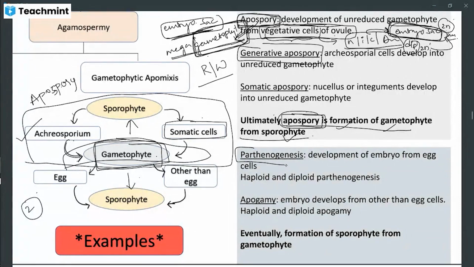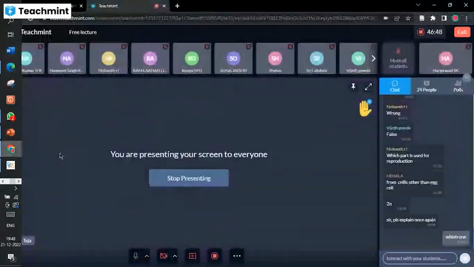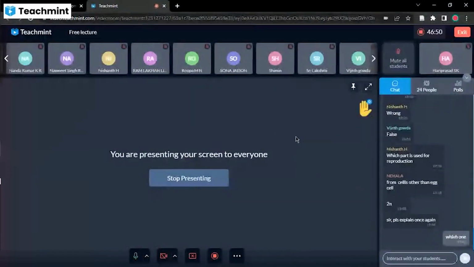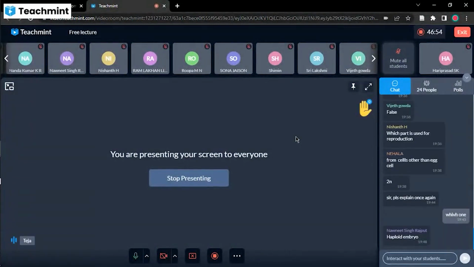After the formation of the gametophyte, then come two other mechanisms. One is parthenogenesis. I want to know what is the basic understanding of parthenogenesis. Even though it is written there, I hope you know more than this. What do you mean by parthenogenesis? Haploid embryo. Okay.